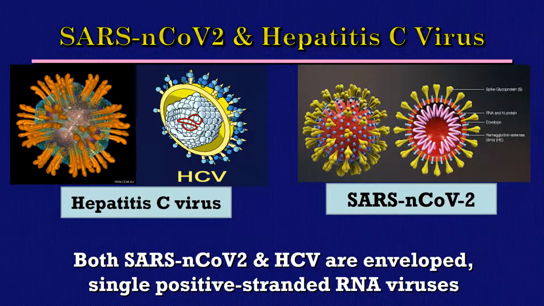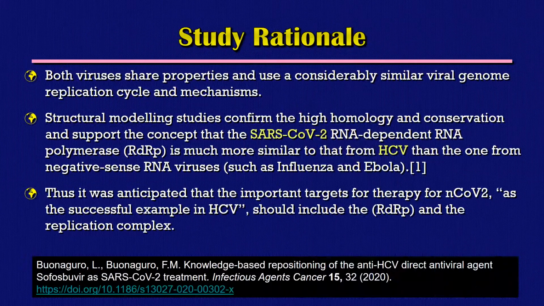This figure shows the similarity between the hepatitis C virus and the SARS novel coronavirus 2. Both viruses are enveloped single positive stranded RNA viruses, and both share properties and use considerably similar viral genome replication cycle and mechanisms.